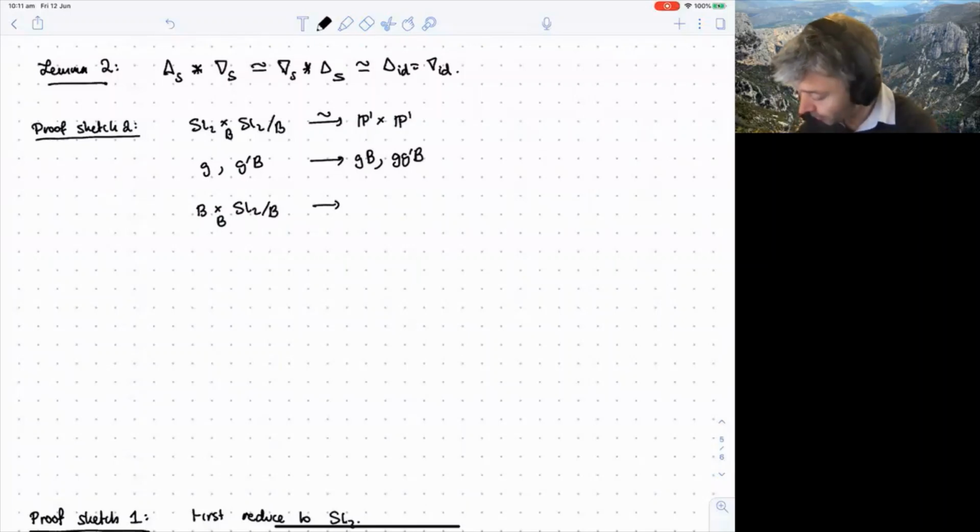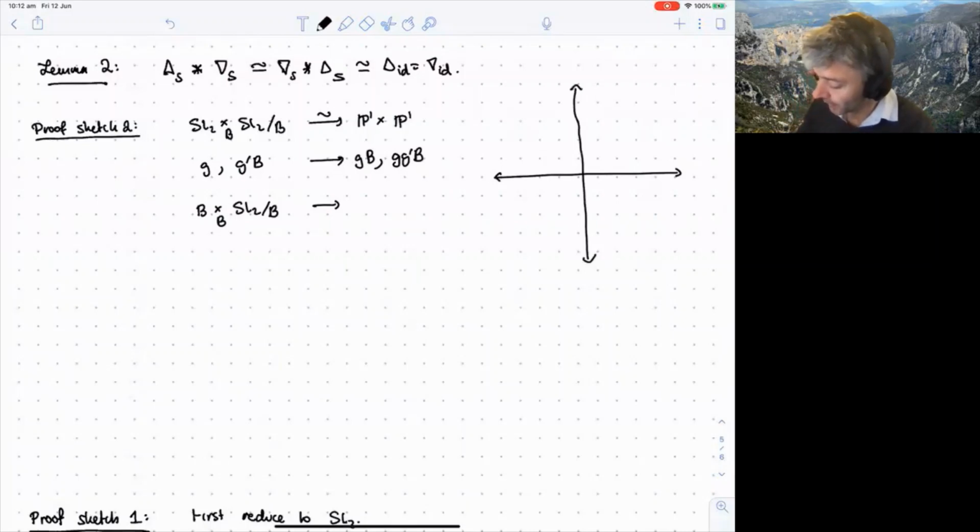SL2 over B goes to, so I want to draw a picture of this. So this is P1 times P1. And this is the second factor. And this is the first factor.